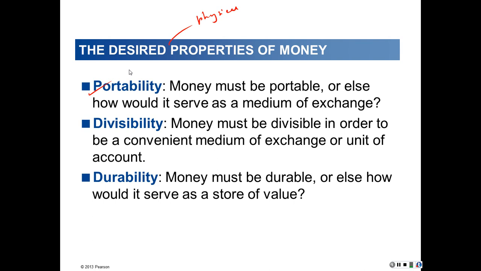And these people, their money takes the form of these huge, carved stone wheels, which weigh many tons. So how do they manage that? This is something that is clearly not portable, and yet it is money.